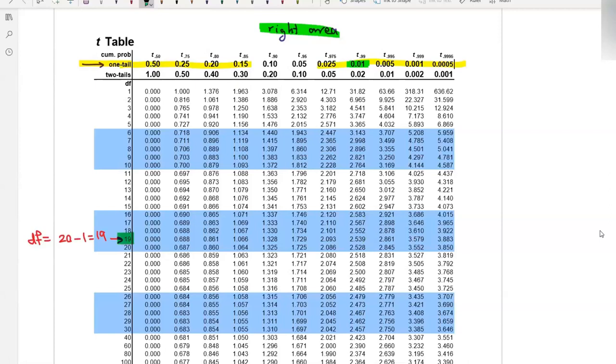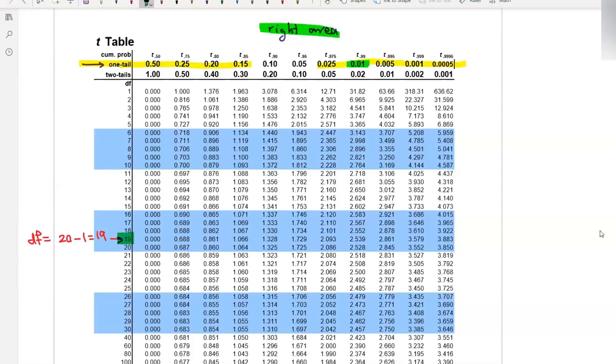And what we got for T is 20.19. That 20.19 should be here in the body of the table, but we do not have that number. As you can see, if I had a degree of freedom of, for example, 2, we have numbers like 9 point something, 22 point something, but our degree of freedom is 19.